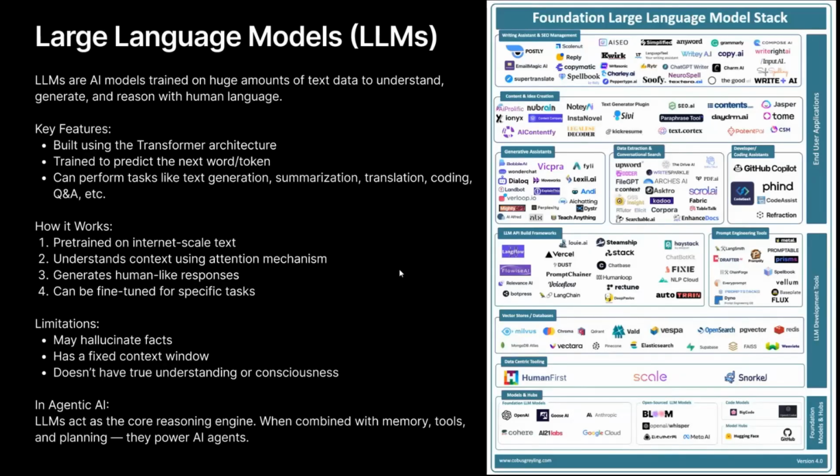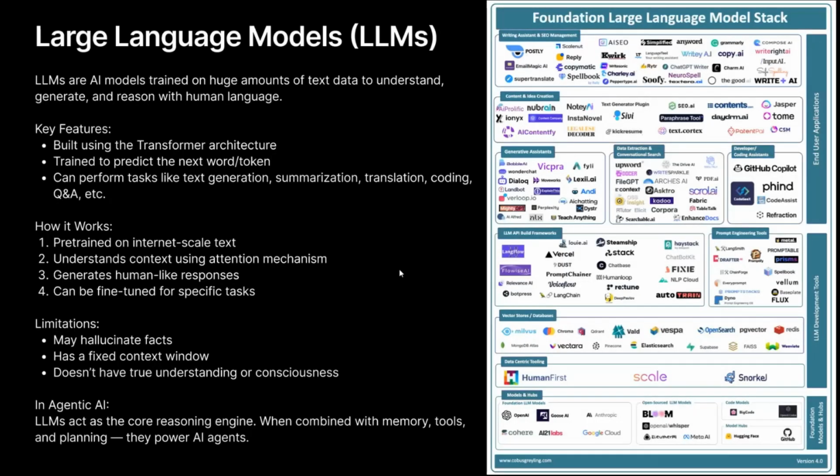Okay, that's great. Understood. So, guys, LLMs are AI models trained on a huge amount of textual data that try to understand, generate, and mimic human language, or we would say reason with human language. The key feature, I would say, is that it uses the transformer architecture.